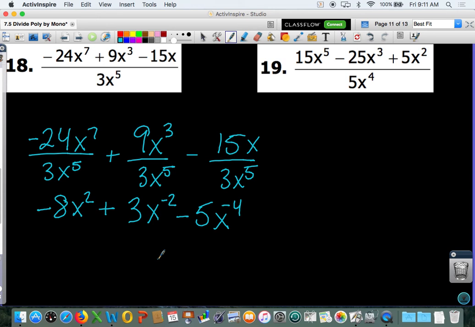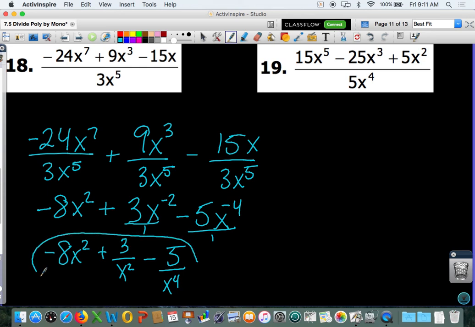We cannot have negative exponents, so let's get rid of them. In my first term, I don't have any negative exponents, so that just comes down: negative 8x squared. Plus, with a negative exponent, make it a fraction. The 3 will stay on top, and that x squared moves to the bottom. Minus, another fraction. 5 stays on top, x to the 4th moves to the bottom.